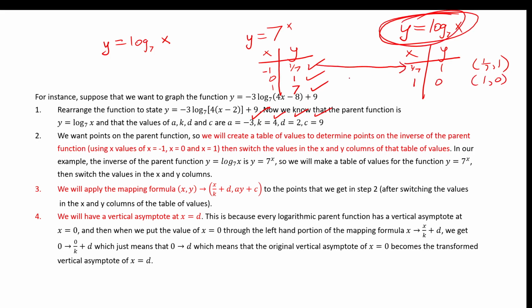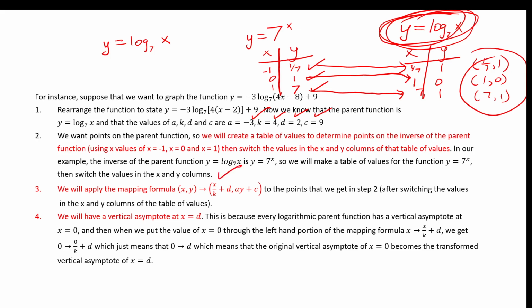If you don't see what we're doing, we're literally just switching the columns. And finally, we can say that the point (7, 1) is on the parent function, y equals log base 7 of x. We've got 3 points on the parent function, and as you know from experience, that's a pretty good way to do it. Now, that takes care of step 2.